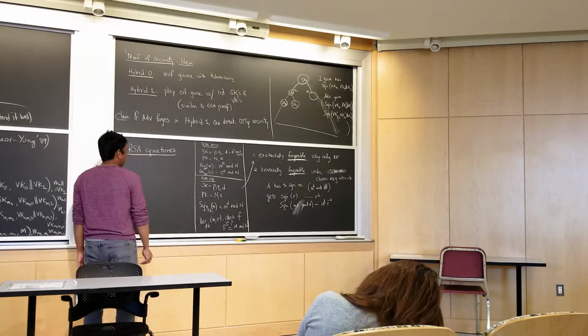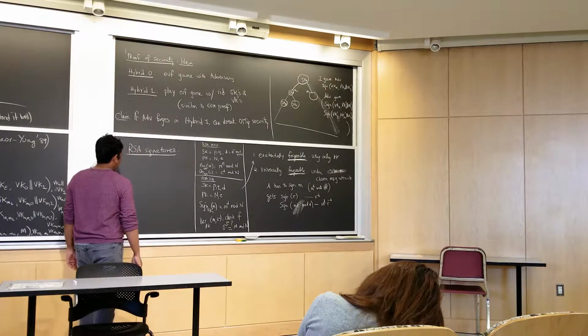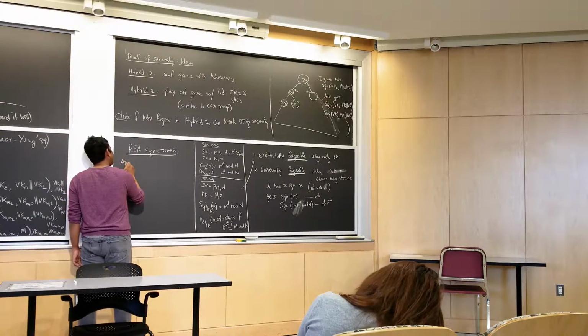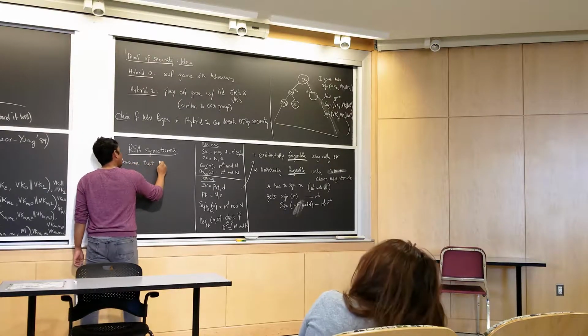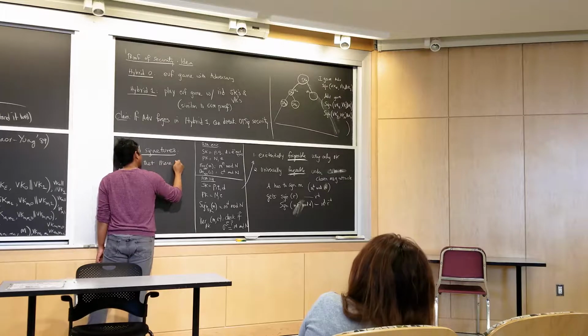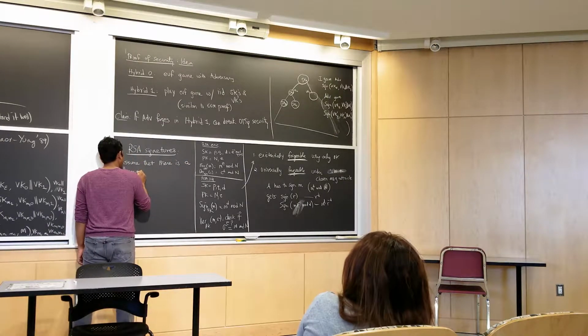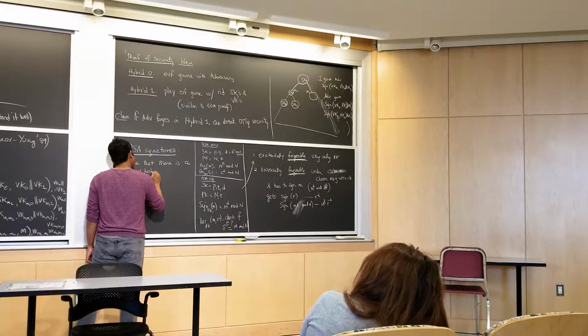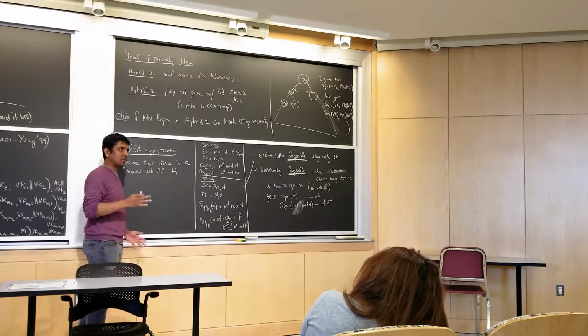So here's what people do. They assume that there is a magical hash function h. What is h? I don't know.